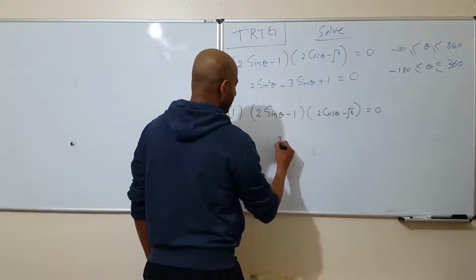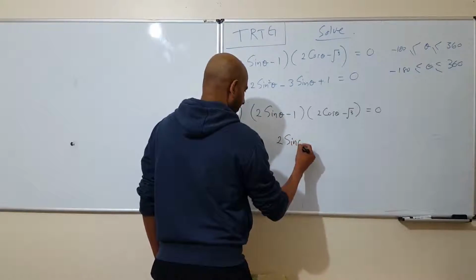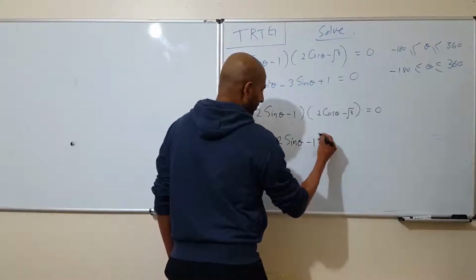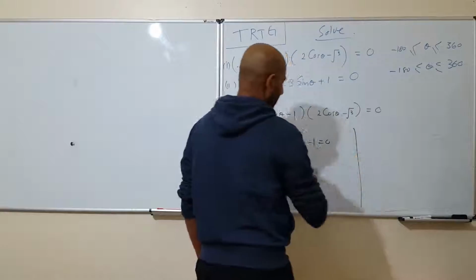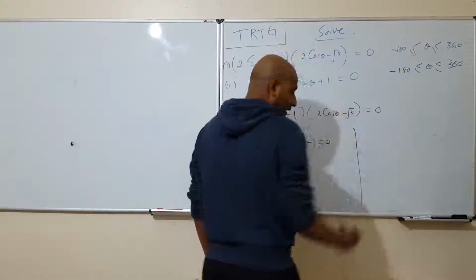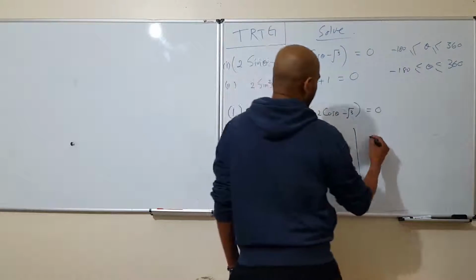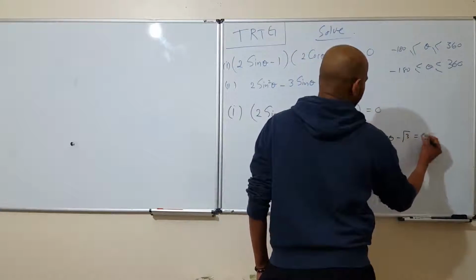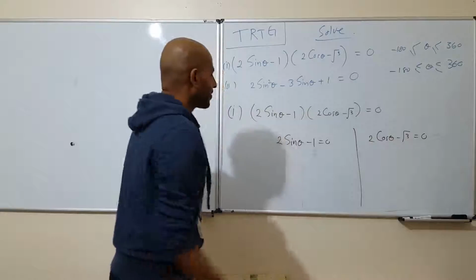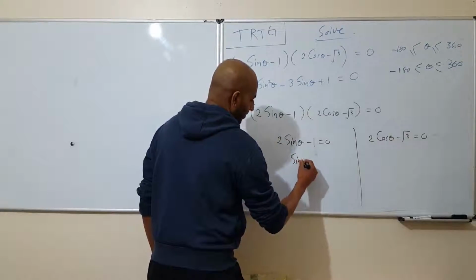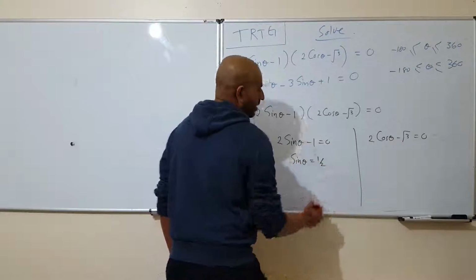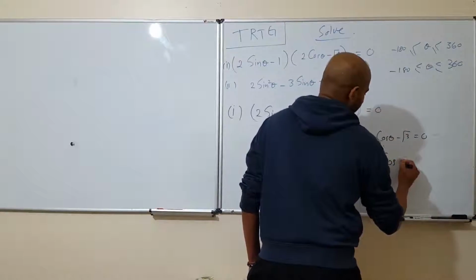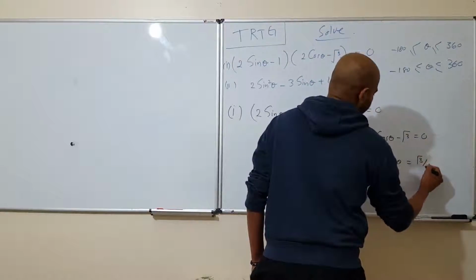We can say 2 sine theta minus 1 equals 0, or the other one, 2 cos theta minus root 3 equals 0. This yields sine theta equals a half, and cos theta equals root 3 over 2.